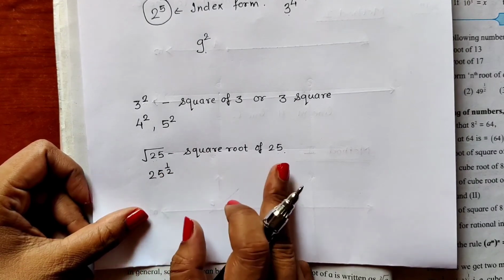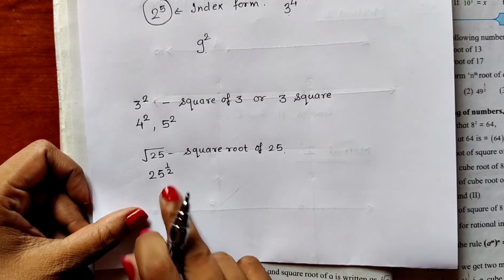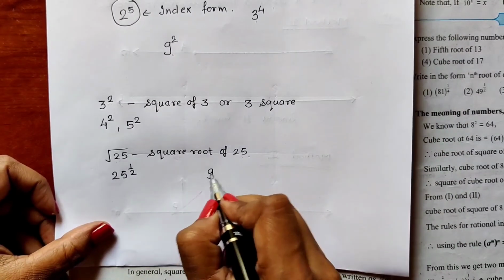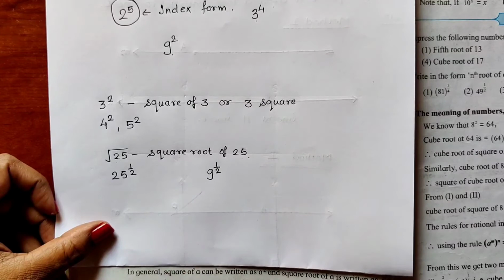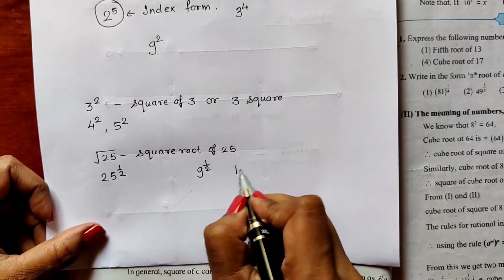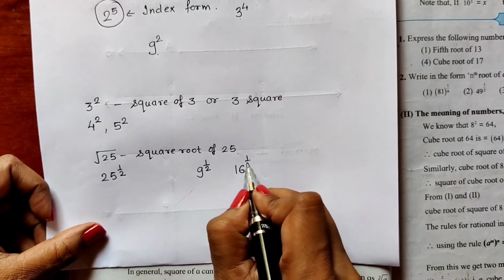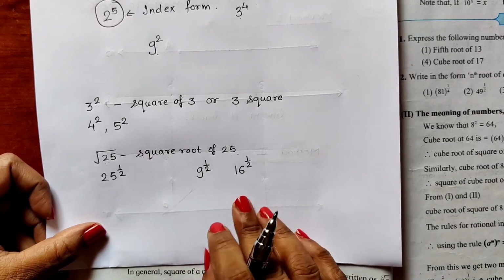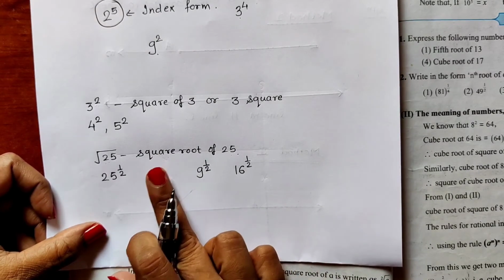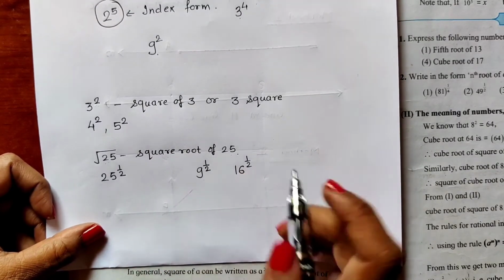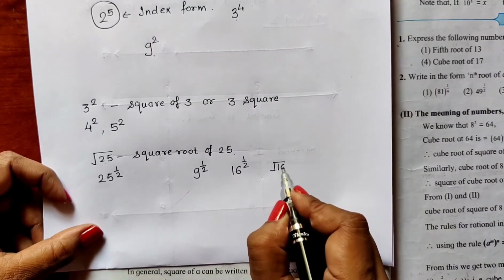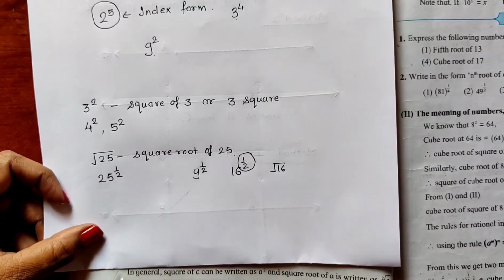Square root of 9 can be written as 9 raised to 1 upon 2. Square root of 16 can be written as 16 raised to 1 upon 2. In this way, the square root can be shown by using the index form, instead of writing inside the symbol.